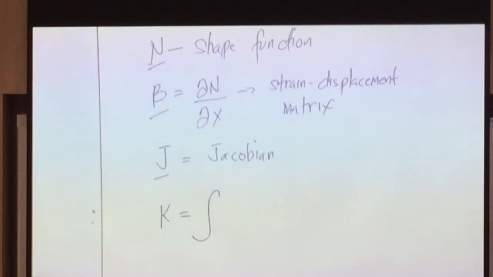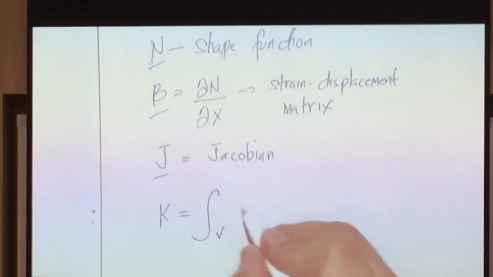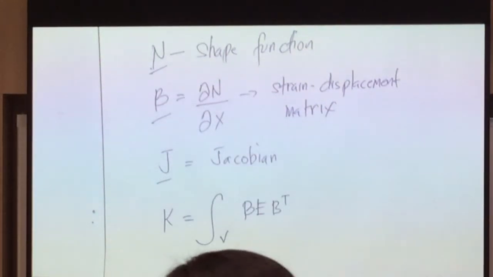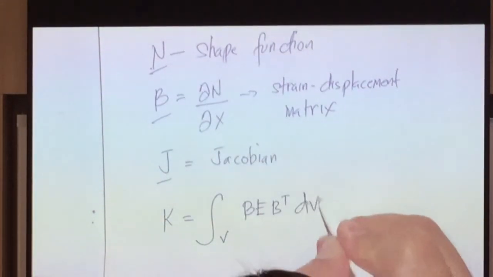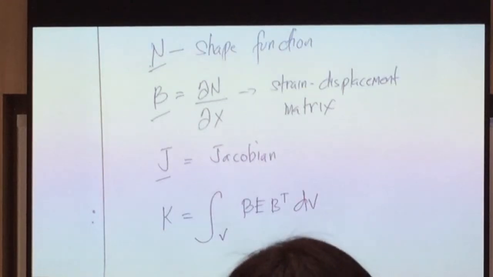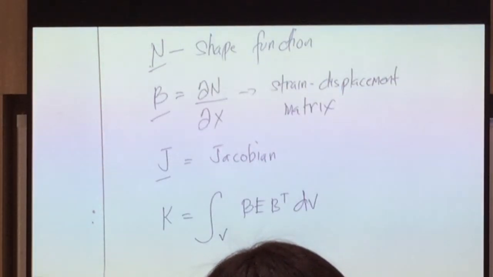Let me check later how this book writes it, but from what I remember, it's the volume integral of the B transpose E B dV. Yes, we're going to perform integration. I know you're excited. Me too. We'll do that later. Not a problem.